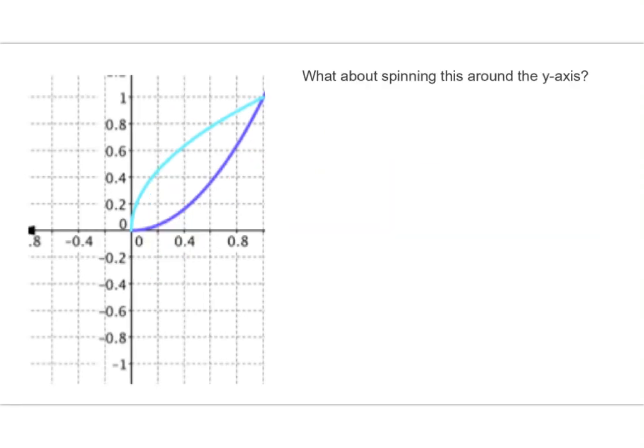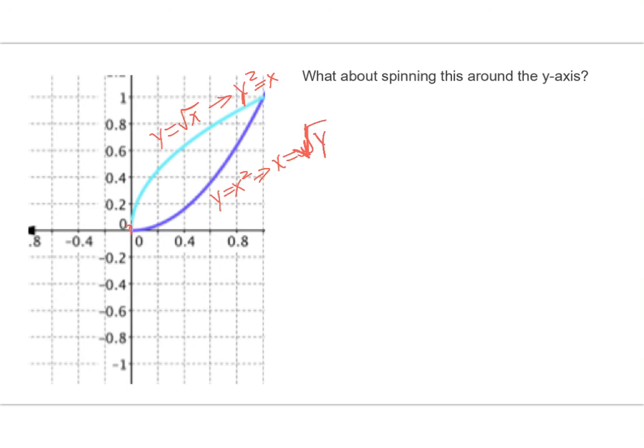Same thing's going to go on here. So we said that this was y equals the square root of x, therefore y squared equals x, and if this guy is y equals x squared, that's going to become x equals the square root of y.